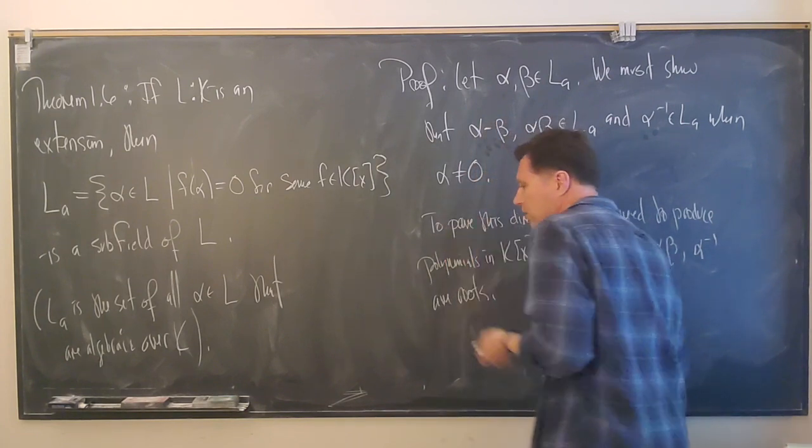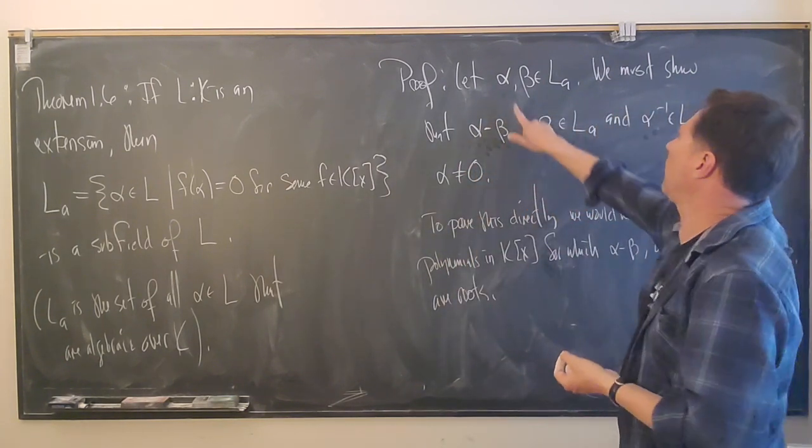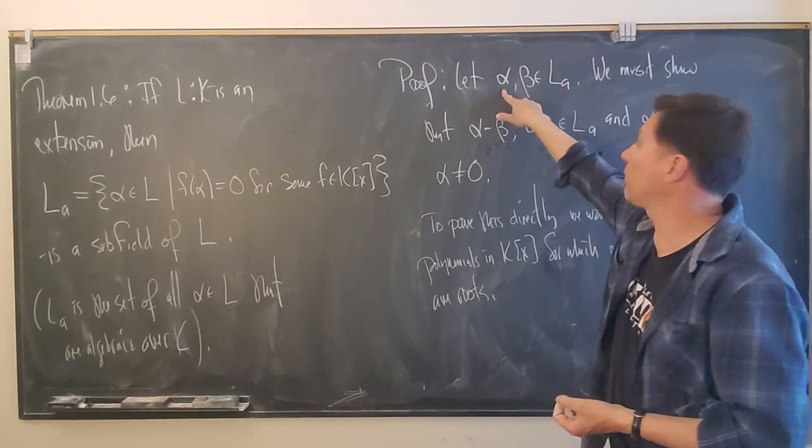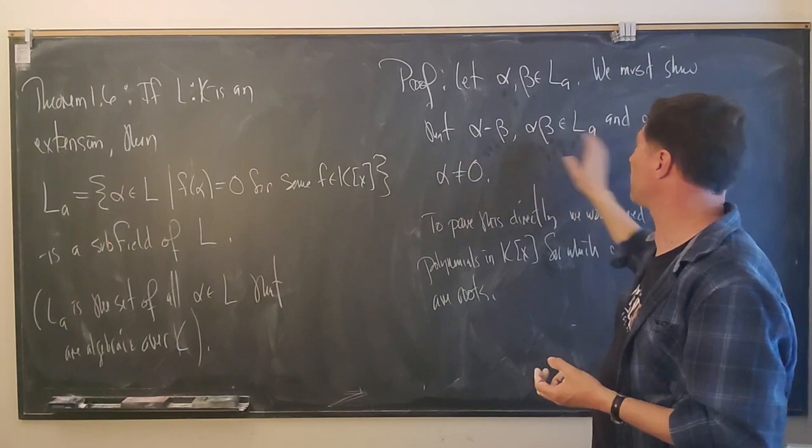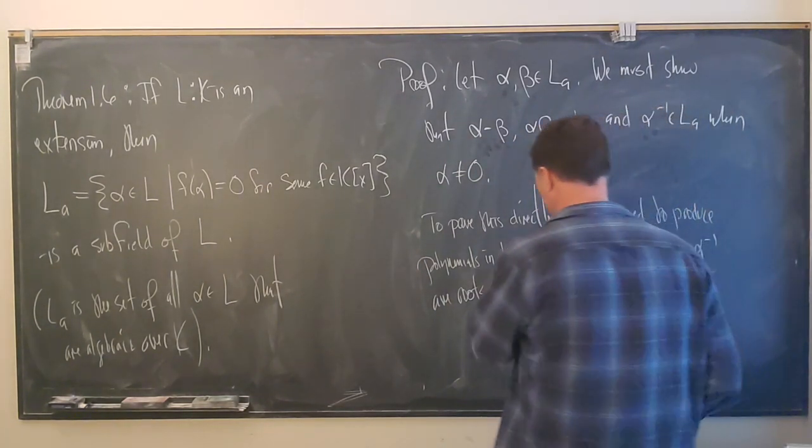But I don't even know how to do that. I mean, there is some polynomial running around for alpha and another one for beta, but how to, using that, produce polynomials for these three, that would be a pain, right? So this is difficult.